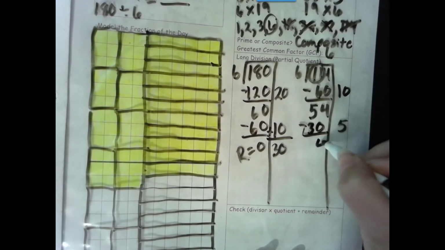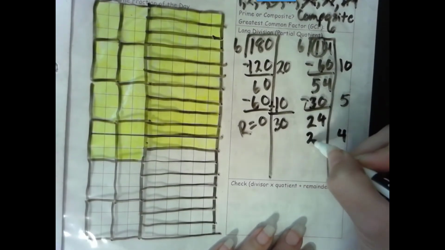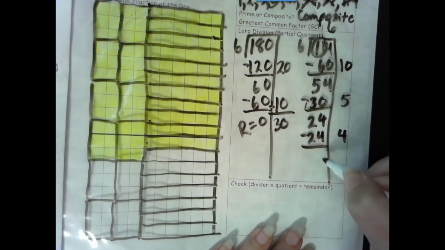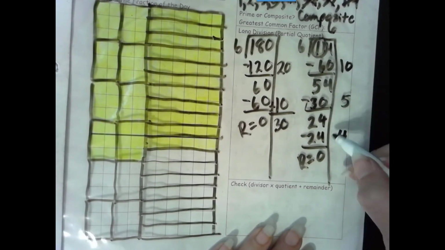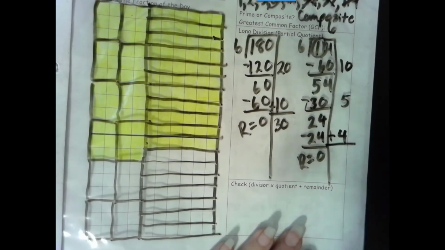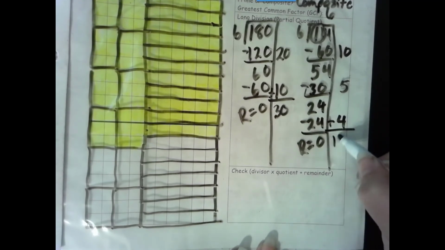More on top, no need to stop. 4 times 6 is 24. Numbers the same, 0 is the game. Now, if you already saw here that 9 times 6 is 54, you could have gotten there faster, and that's fine. I just want to show you there's more than one way to get to the right answer. 10 plus 5 plus 4 is 19.